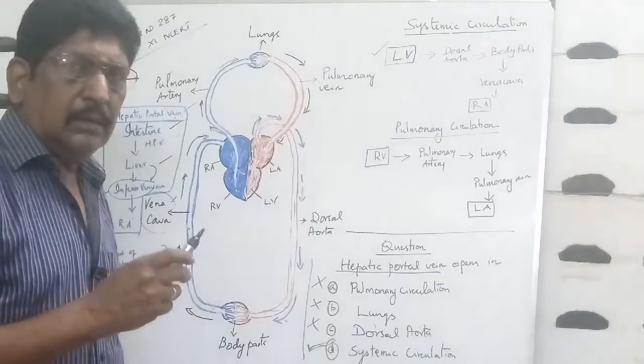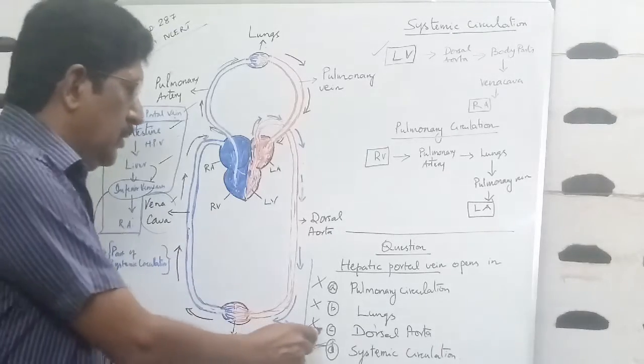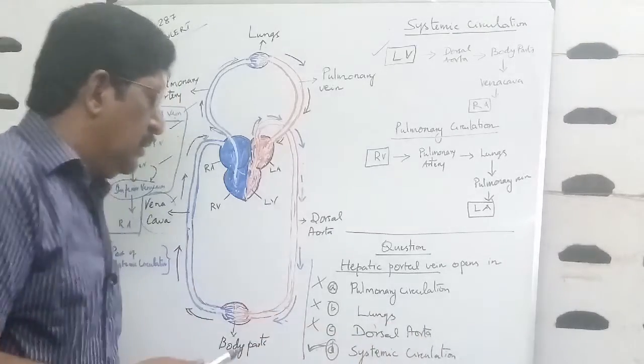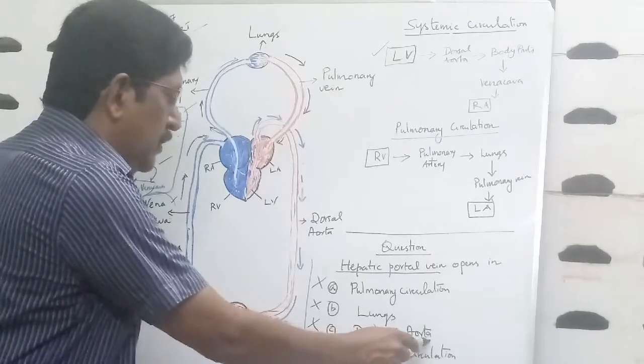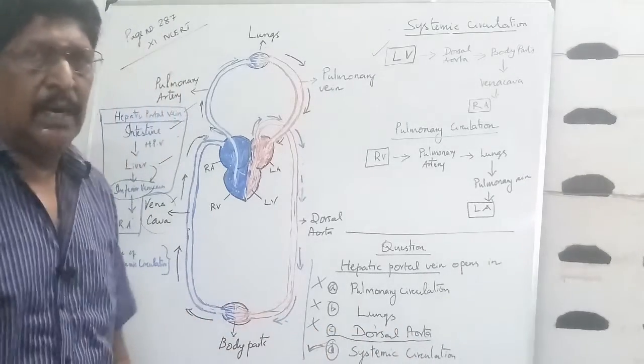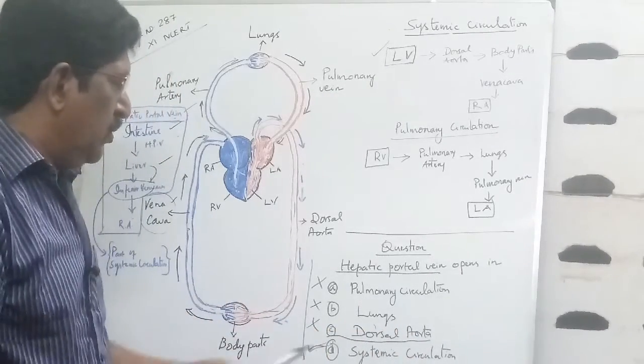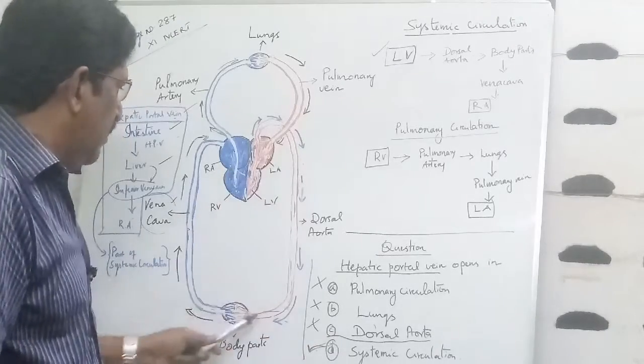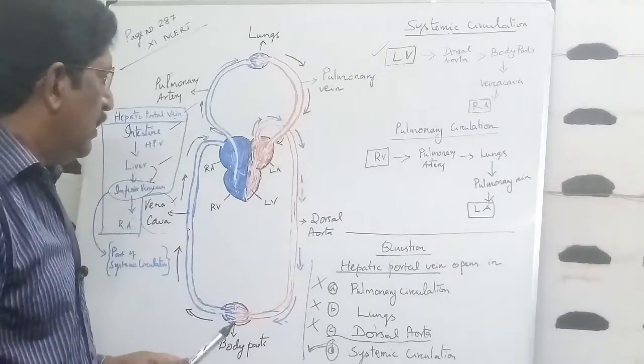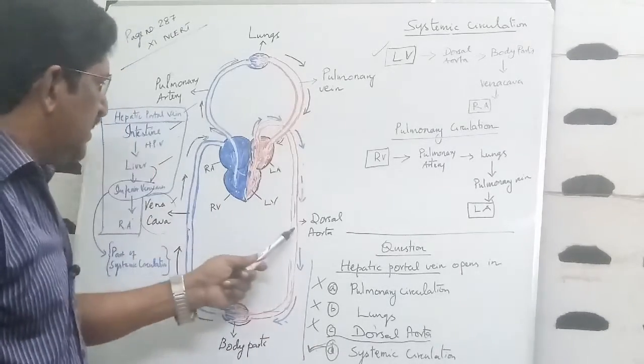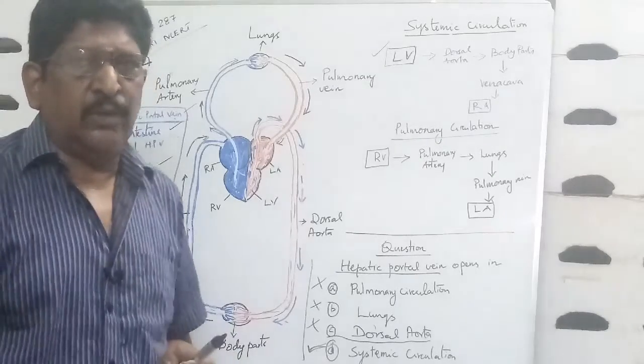Till then, dear students, I just want to make a correction in the third option, that is the dorsal aorta. Even though the dorsal aorta forms a part of systemic circulation, the hepatic portal vein doesn't open in the dorsal aorta.